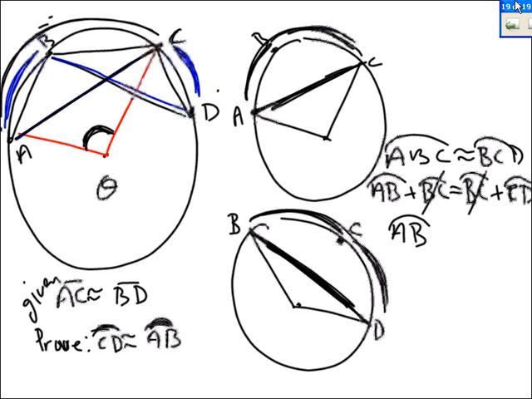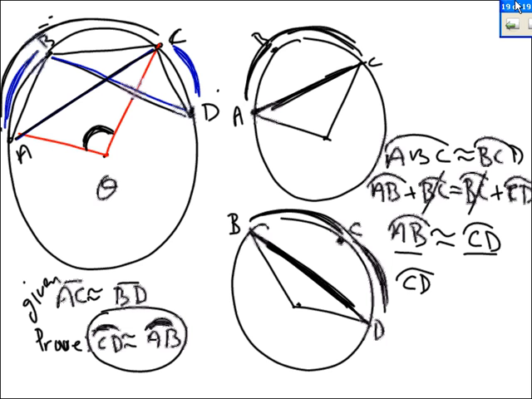And arc AB is congruent to arc CD. And that's exactly what they asked us to show. If this is congruent to that, then that is congruent to this. Like addition, you can switch those.